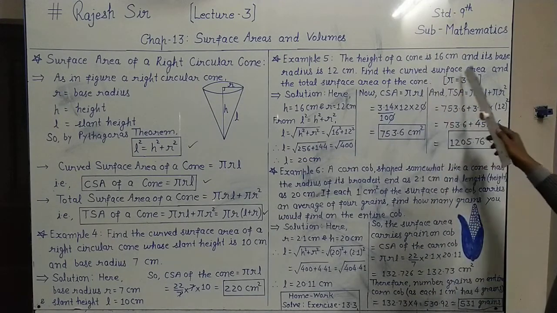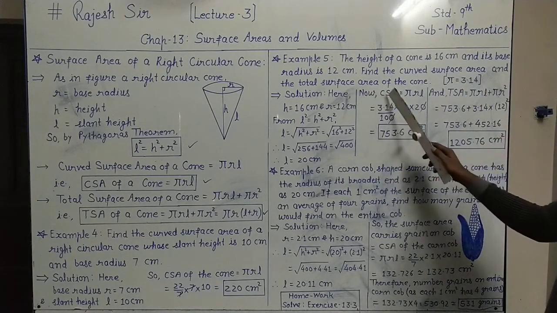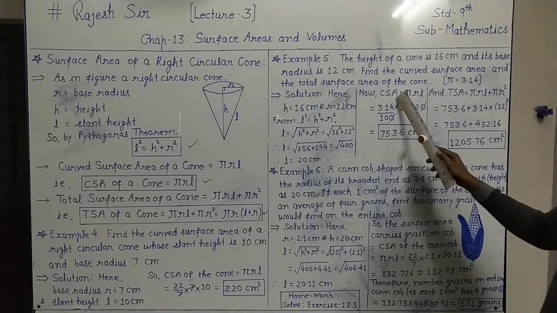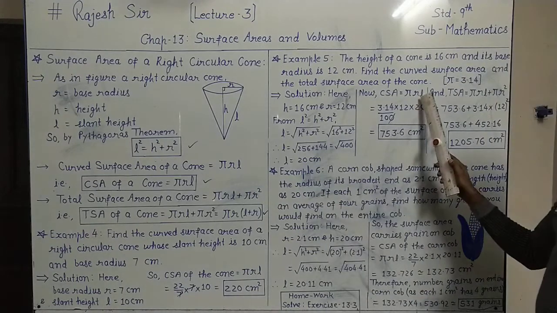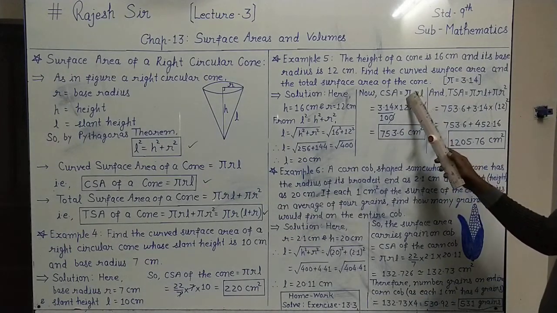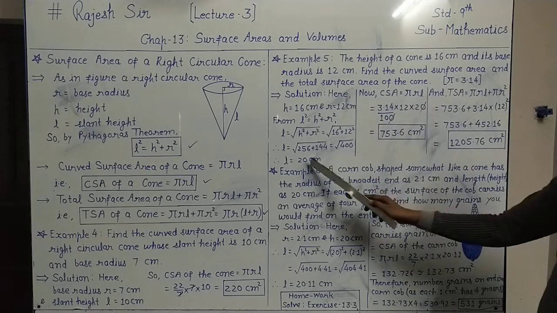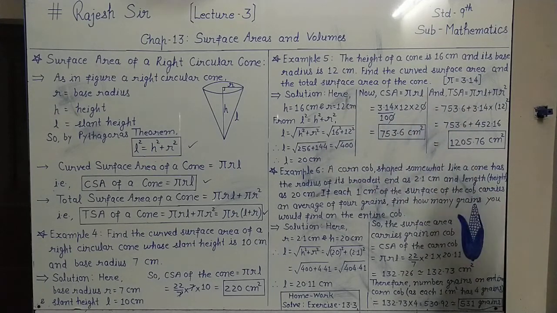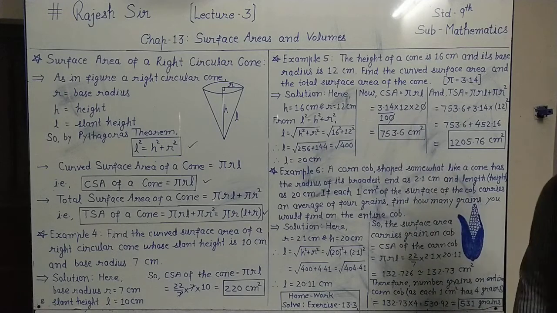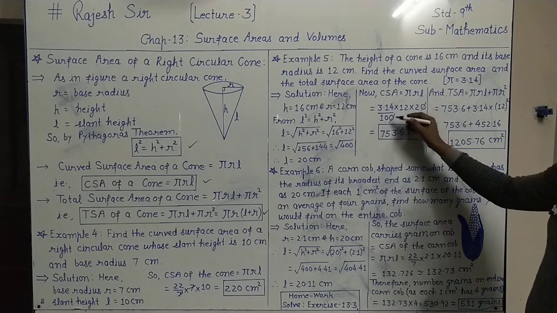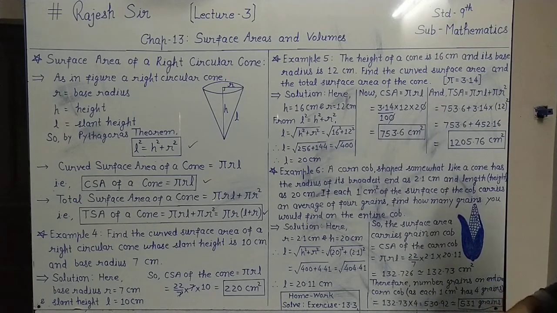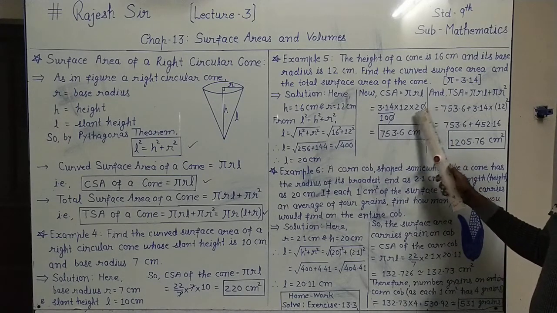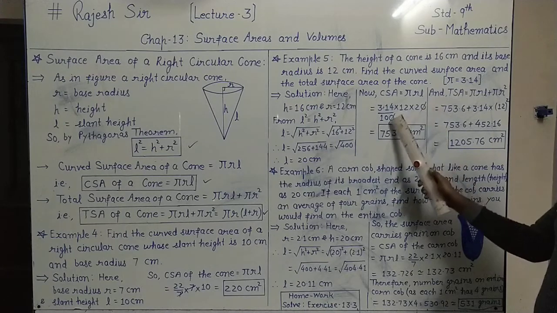First, the curved surface area is asked. So the CSA of a cone is pi RL. This formula we have. Place the values: pi is 3.14, r is 12, and L is 20, which we found. To remove the decimal point of 3.14, we take 100 in the denominator. Now the last 0 of this 20 and the last 0 of this 100 cancel.